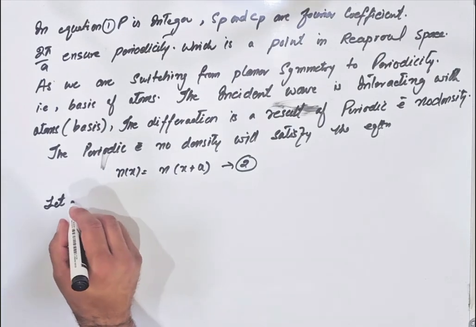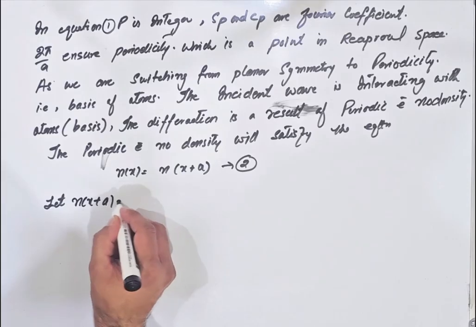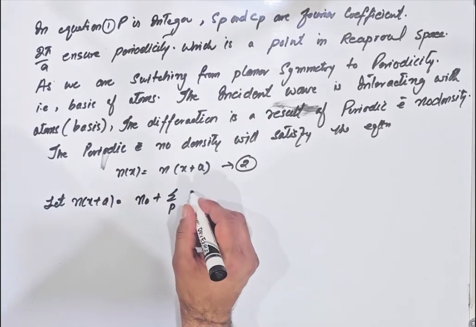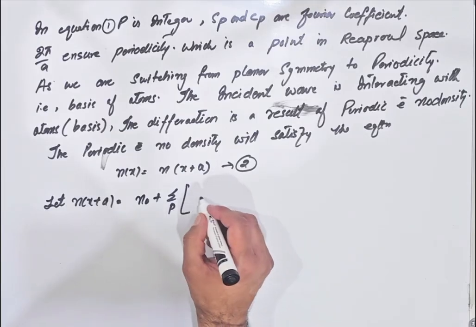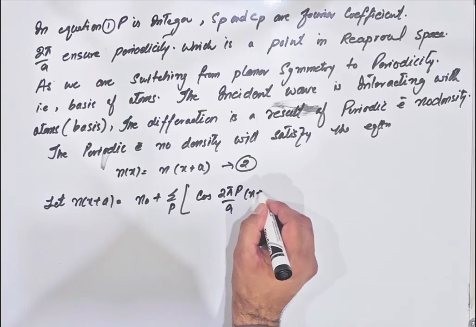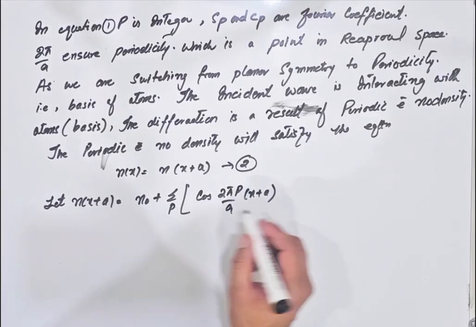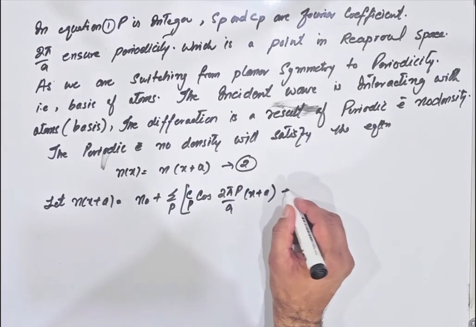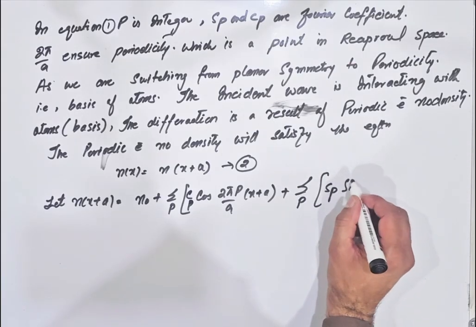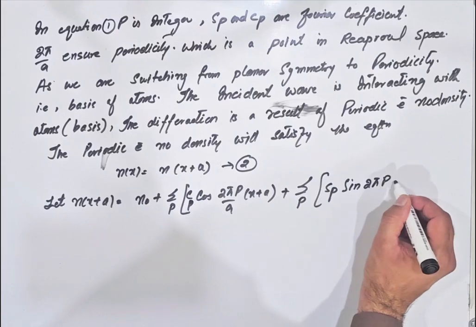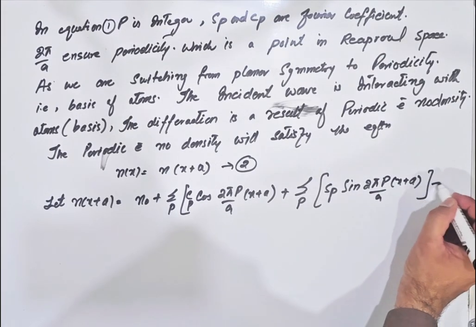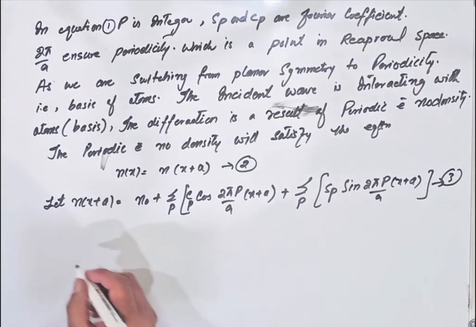Let n(x plus a) be n naught plus summation over p of cp cos 2 pi p by a times x plus a, plus summation over p of sp sine 2 pi p times x plus a divided by a. This is equation 3.